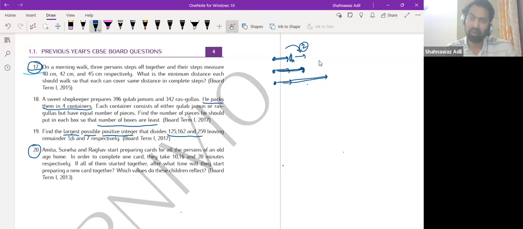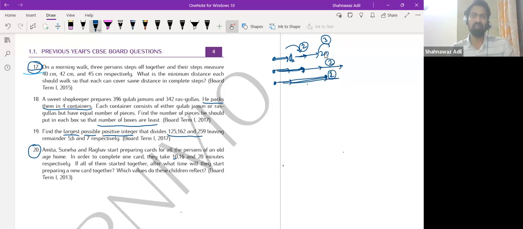Now, let's say in 20 minutes, he will prepare the third card, but this one will start to prepare the second card, and this one will start to make the second card, right?